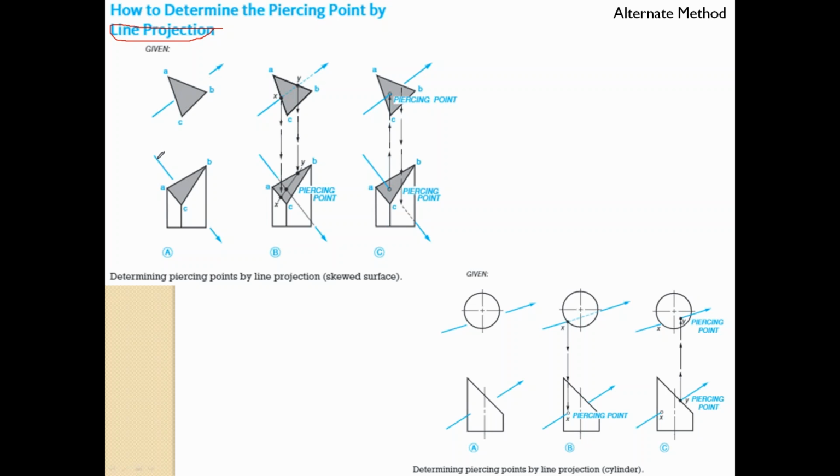So you have one arrow this way, and from here project this line here, and once you have this line, this line is the same as this line, and when you get the intersection point, this is your piercing point. So how far is this arrow going to go?